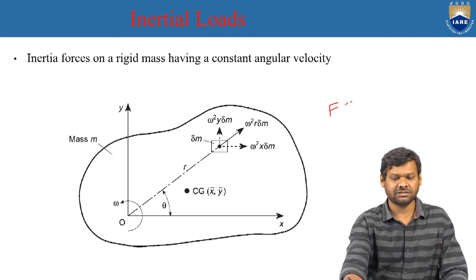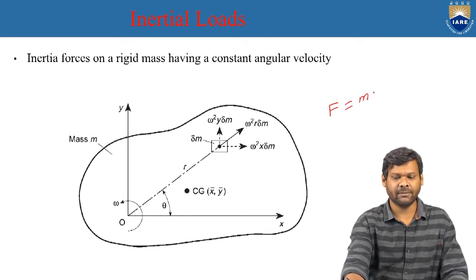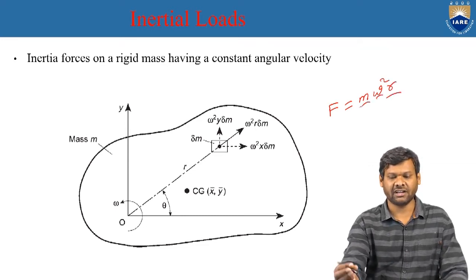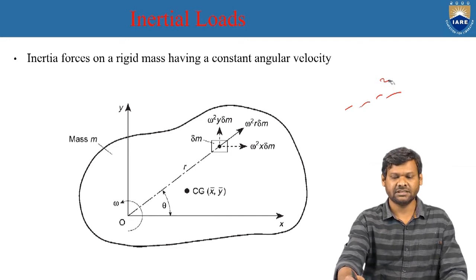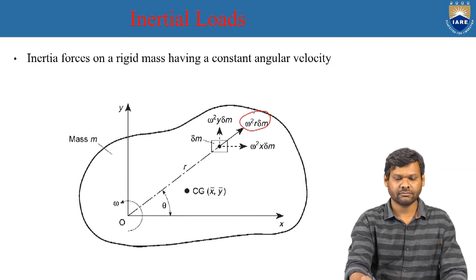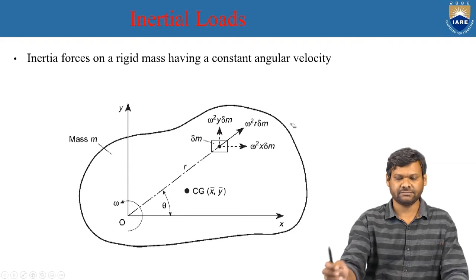The force F can be written as m omega square r: mass times distance times the square of the angular velocity. Similarly, we have resolved it along the x and along the y axis.